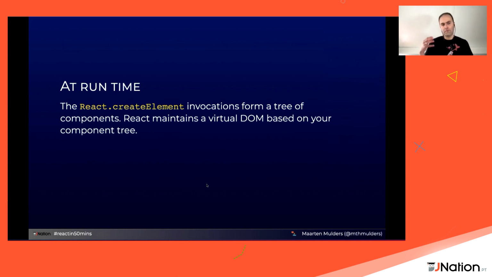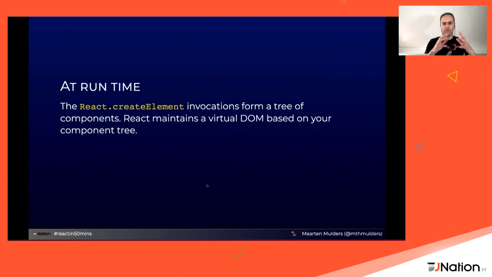All those invocations together form a tree of components. You could think of them as JavaScript objects. The result of a React.createElement invocation is a JavaScript object saying there should be an element inside the document object model with these attributes and these values and all these whatnot.